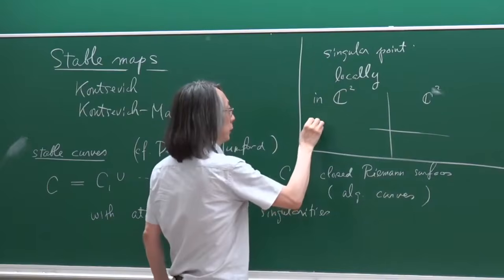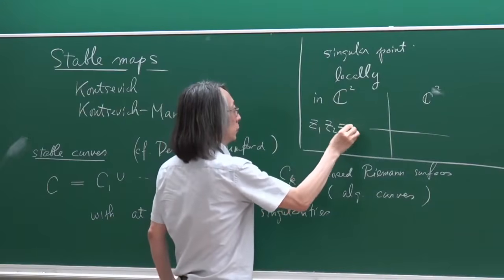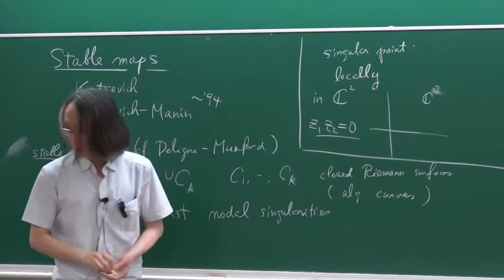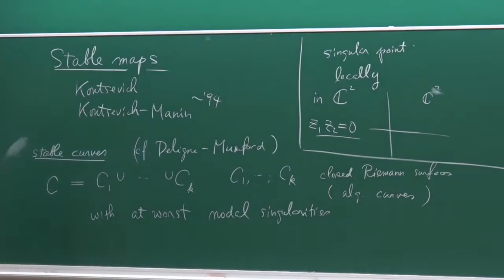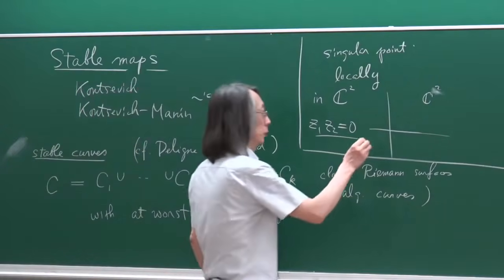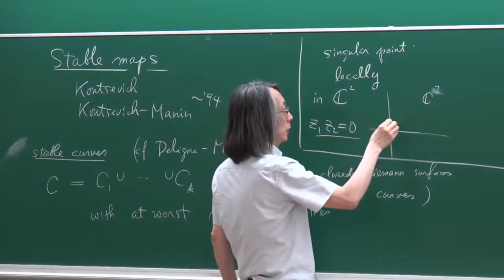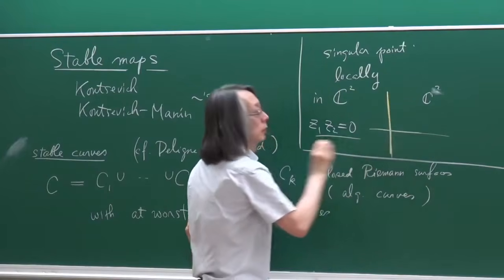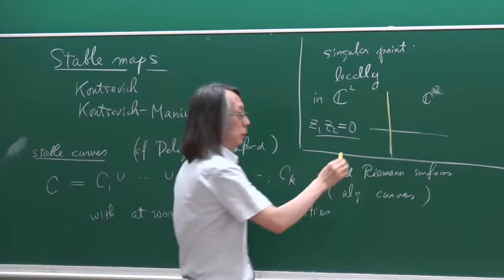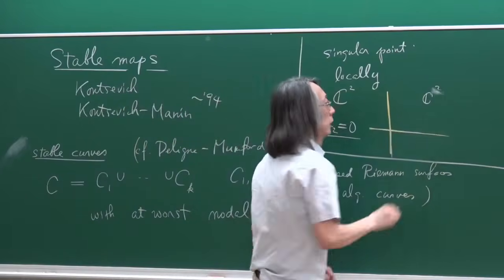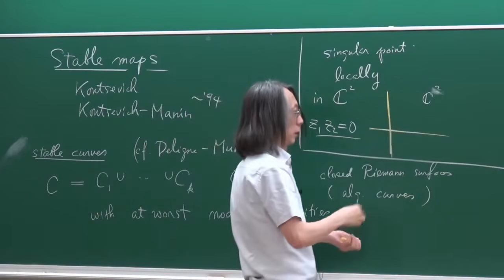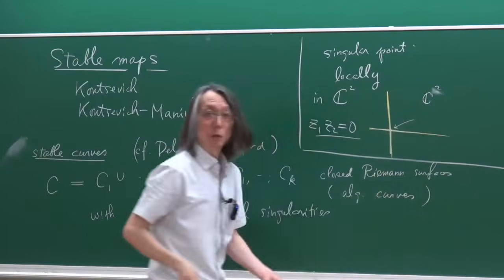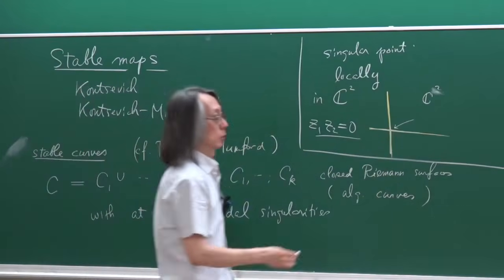So therefore, it was maybe Z1, Z2 is equal to 0. So this is the allowable singularity. So you have Z1 equal to 0, then you have this line, right? Z2 equals 0 gives you this line. And so this is a singular point we allow. So this is a nodal point.